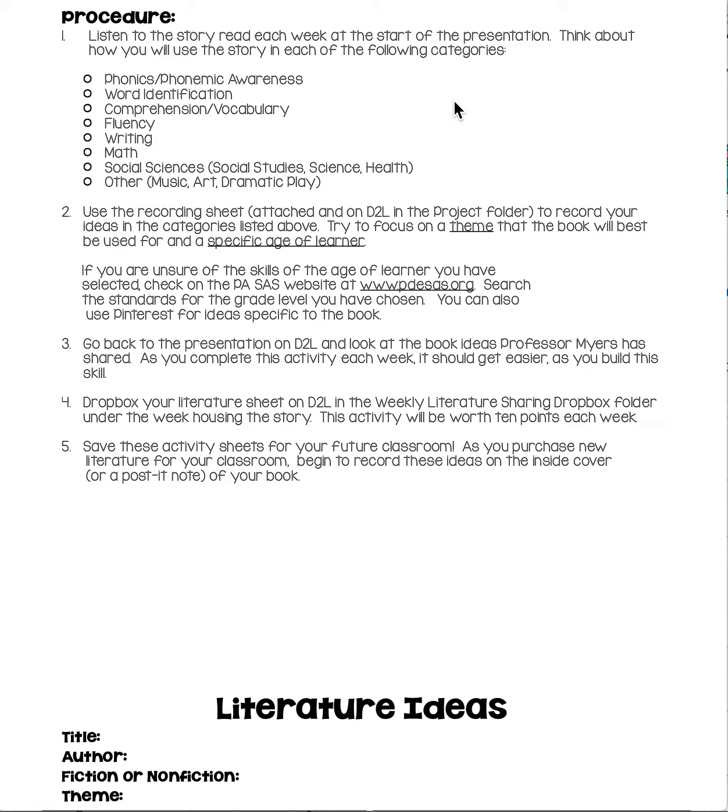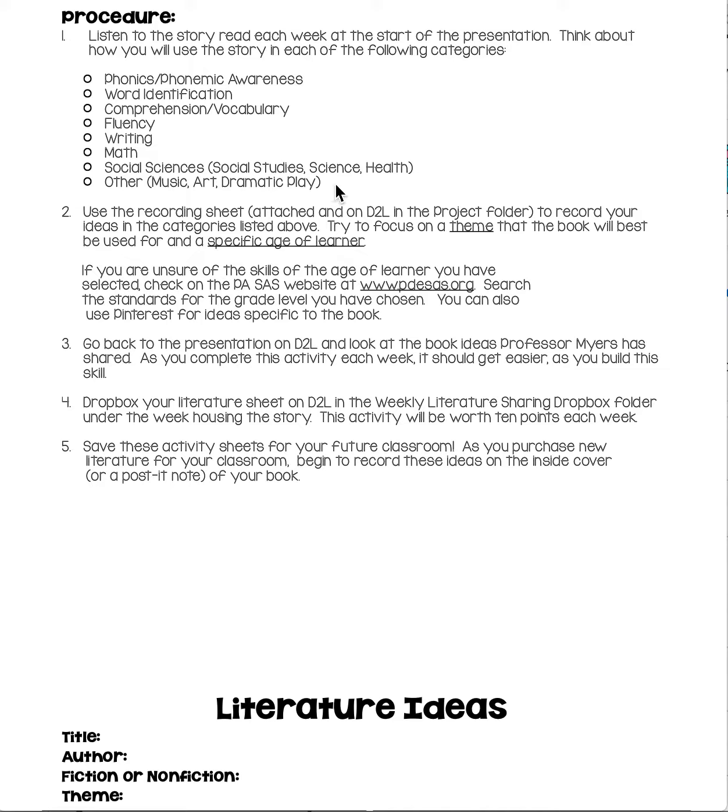As you listen, think about how to use the story in each of the following categories: phonics and phonemic awareness, word identification, comprehension and vocabulary, fluency, writing, math, and the social science areas, which include social studies, science, and health.